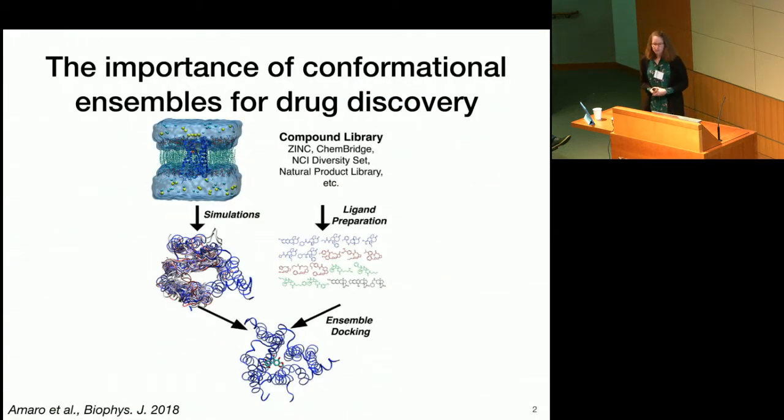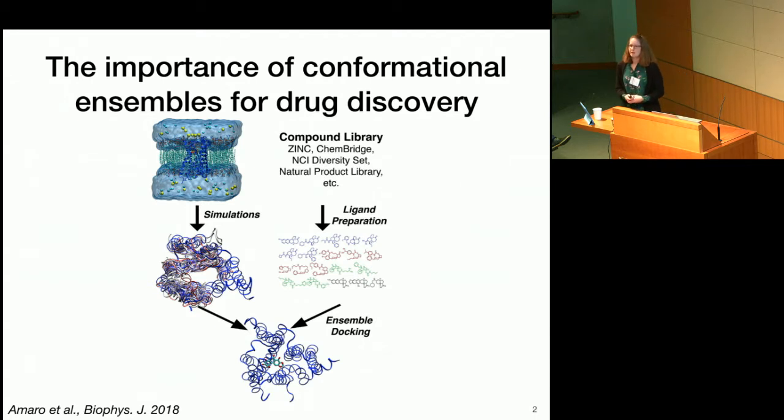So more practically, it's been known for a while that we can get additional information for drug discovery by considering conformational ensembles rather than single structures. This is an example taken from G-protein coupled receptors, where ensemble docking actually performs better than docking to a single structure.